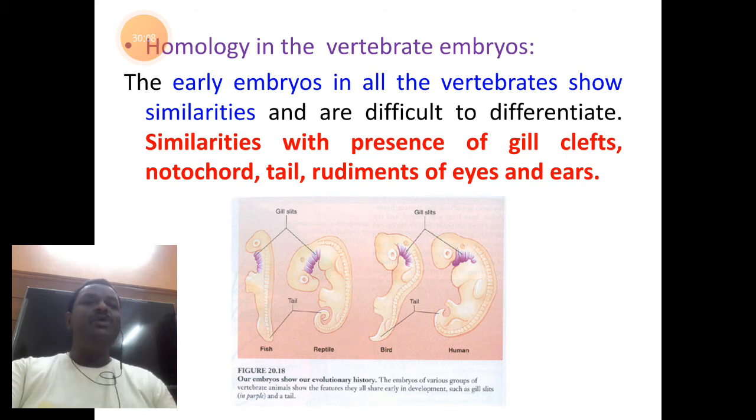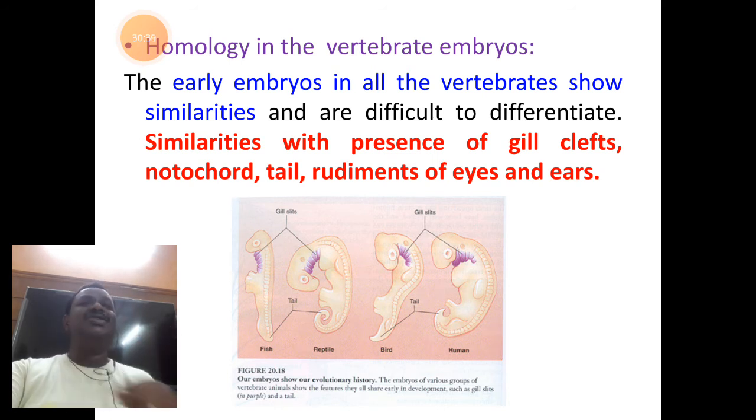In the picture, the violet color shade indicates the gill slits, which are seen for the fish embryo, reptilian embryo, bird embryo, and human embryo. Because all these embryos are surrounded by fluid matter, or amniotic fluid as we say in the higher vertebrates, the organism needs to breathe.